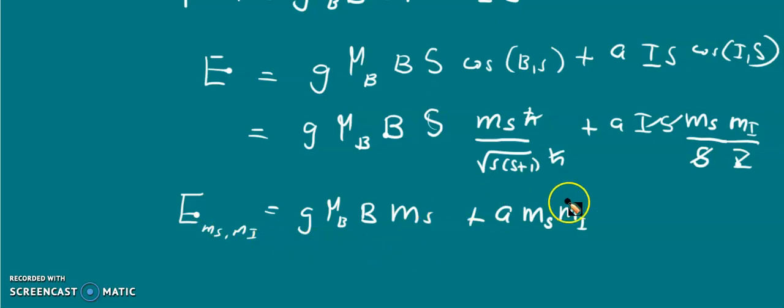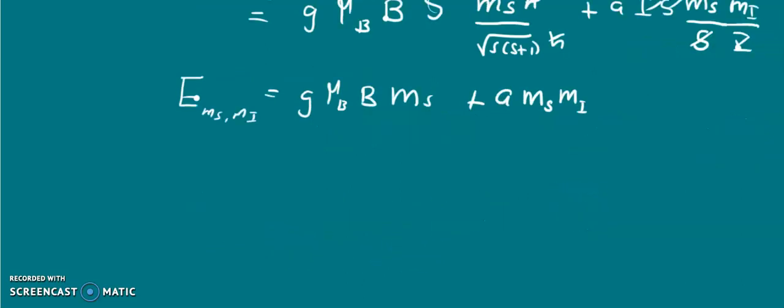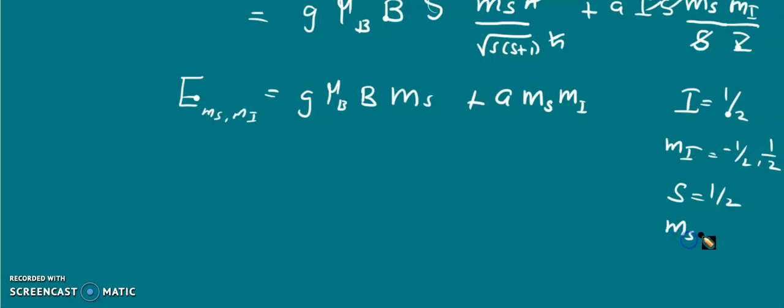So we know that for hydrogen atom I equals half, and mi can have two values, minus half and plus half. And also for hydrogen atom there is only one electron, whose spin S is equal to half, and ms is plus or minus half.